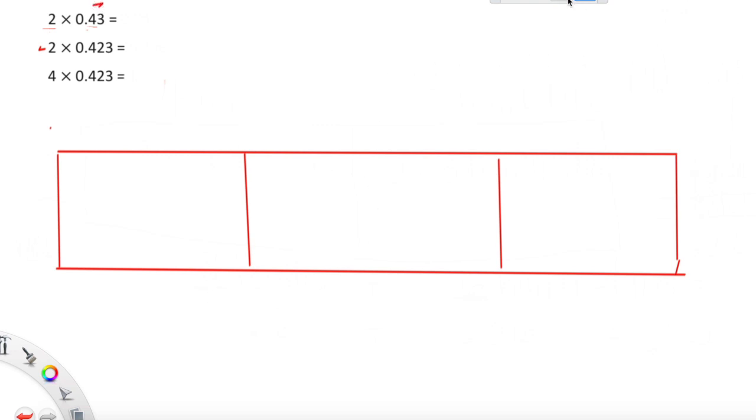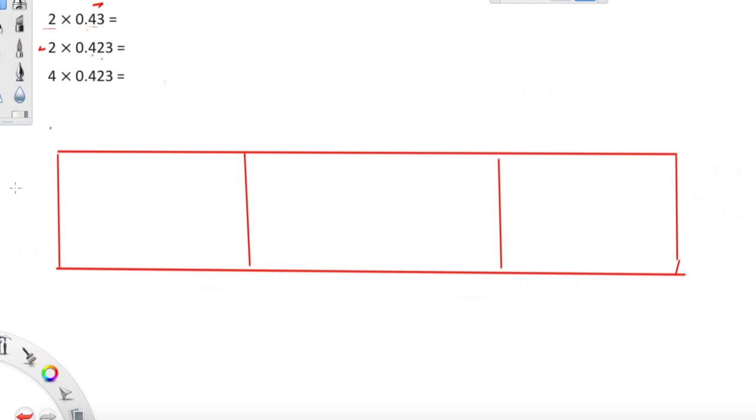Now, this rectangle, I set this up beforehand, so it's a little bit neater. We have 1, 2, 3 place values to the right of the decimal. So our rectangle is sectioned off into 3 parts. So let's go ahead and set this one up.